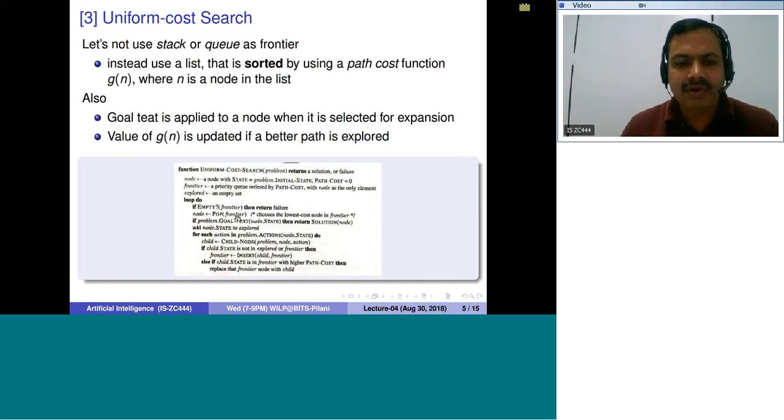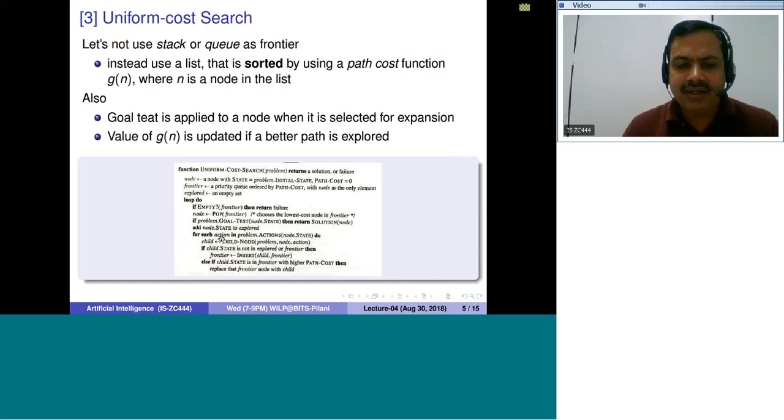Otherwise, you pop the first item from the frontier, which is the initial state, and test whether it is a goal state. If it is, you return it as the solution; otherwise you explore it.